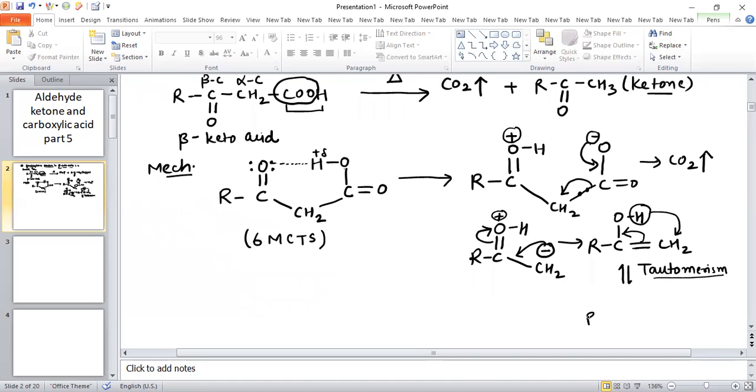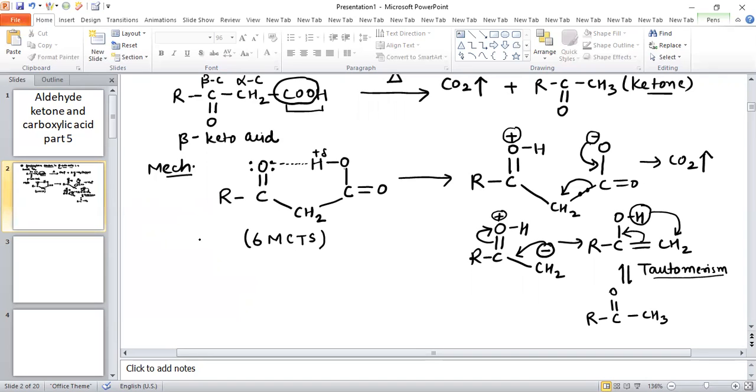So this will convert into R, C double bond O, CH3. So this product is obtained. So this is basically the mechanism of this reaction. You can see.